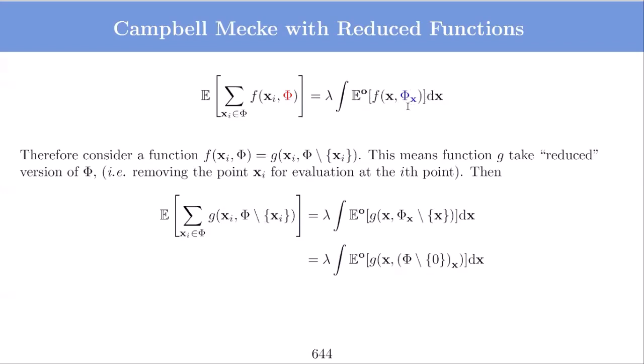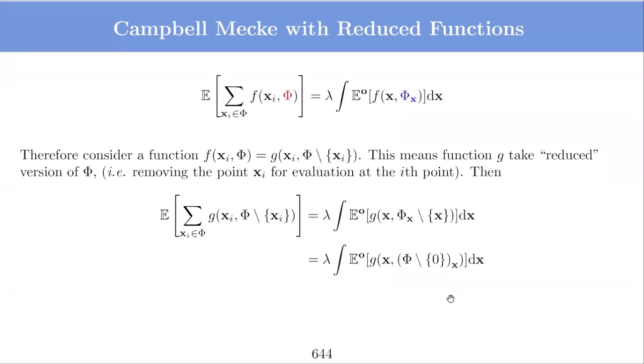To formally say it, I'll put g here instead of f. If I put it there, I get the palm expectation of g(x, phi_x minus x), using the definition of phi_x. Removing x from phi_x is the same as removing 0 from phi and then shifting it.